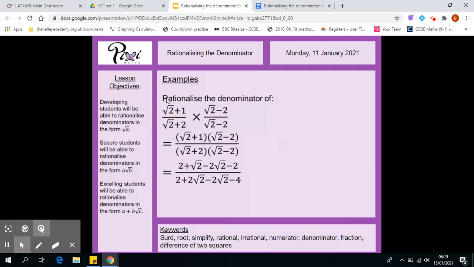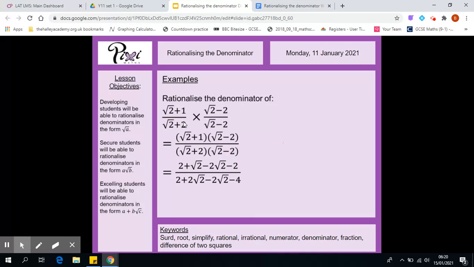Now let's look at rationalizing the denominator when it involves more than one term. Notice here we want to rationalize square root 2 plus 1 over square root 2 plus 2. I want to convert the square root 2 in the denominator. I can't multiply just by square root 2 because the denominator will still have an irrational number.